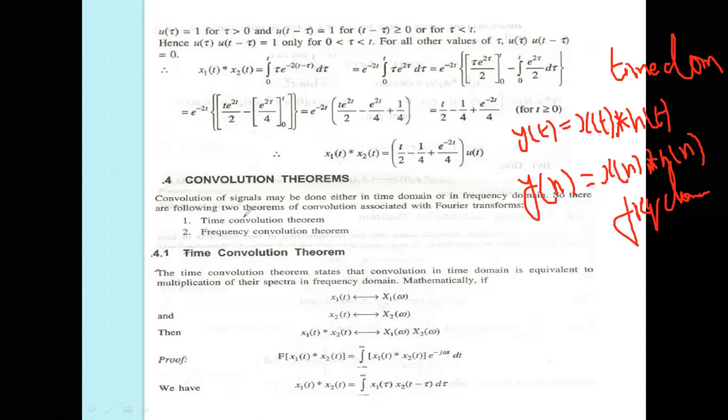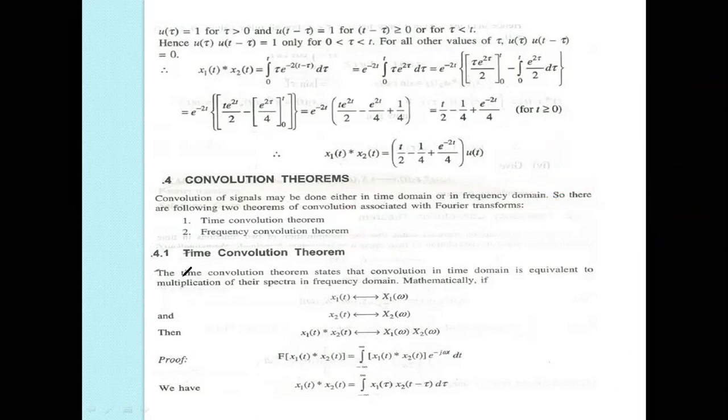So there are two theorems of convolution associated with the Fourier transform: the time convolution theorem and the frequency convolution theorem. Now the time convolution theorem. The time convolution theorem states that convolution in the time domain is equivalent to multiplication of their spectra.